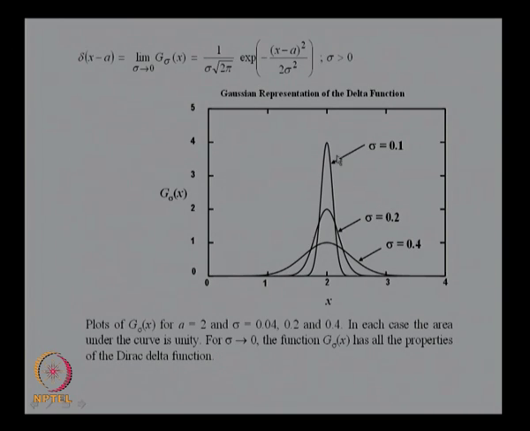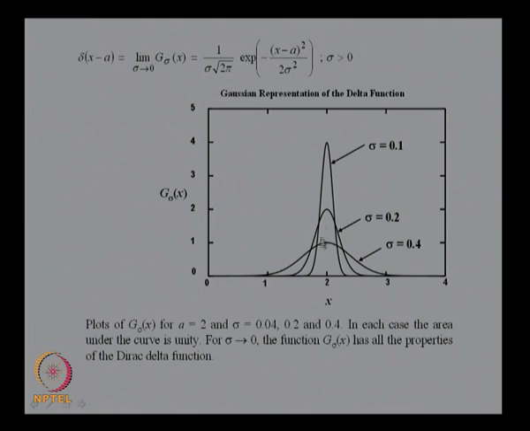As the value of sigma becomes smaller and smaller, it becomes sharper and sharper, the width becomes smaller, but the value at x is equal to 2, for a displaced Gaussian, here I have taken a is equal to 2. This corresponds to sigma is equal to 0.4, this corresponds to 0.2, 0.1.